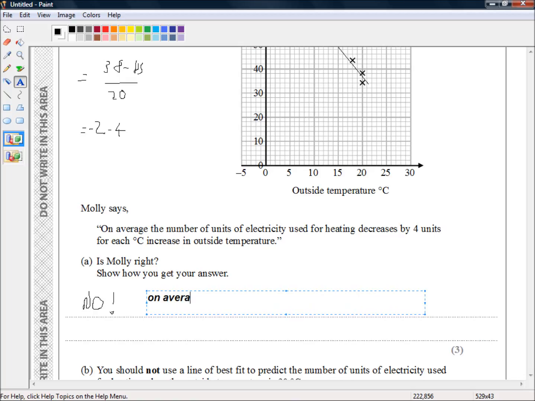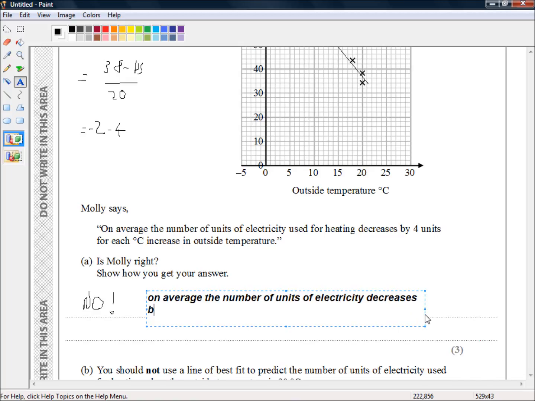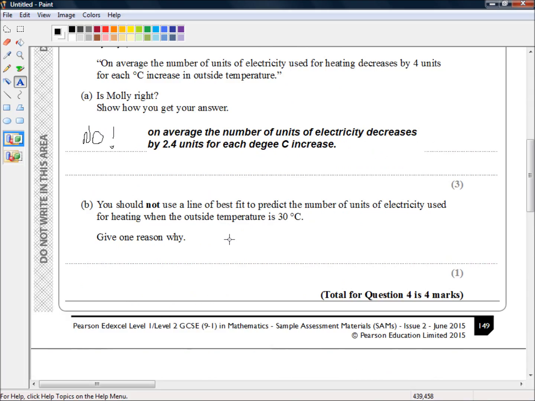On average, the number of units of electricity decreases by 2.4 units for each degree C increase. Okay, so that's part A done.